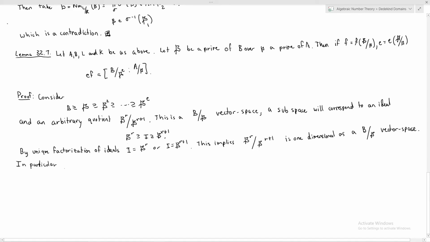This guy is going to be isomorphic as B mod P vector spaces, but also as A mod P vector spaces, so that whatever isomorphism you write down here is also going to be an A mod P vector space isomorphism.